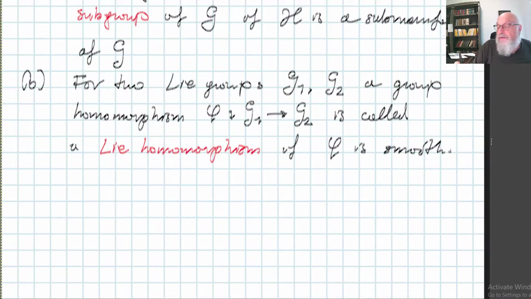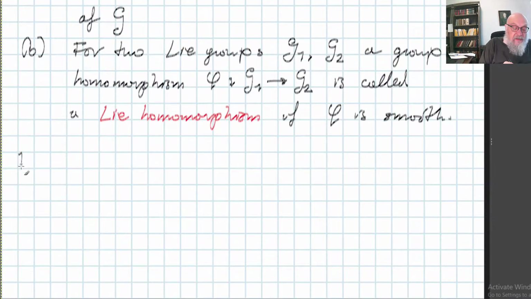And now, what are those additional properties? Let me formulate this as a theorem.